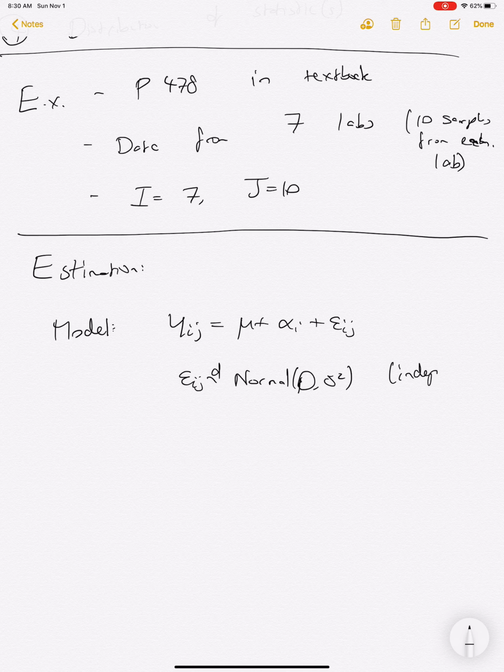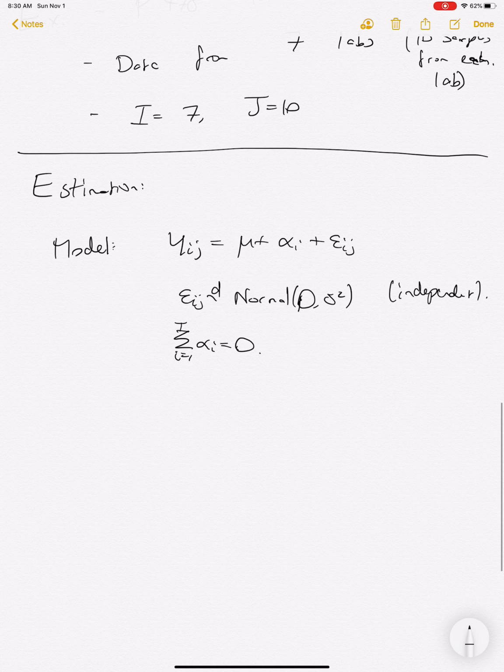We're assuming throughout that the noise is independent across both the samples within each group and across the groups. And we also have the assumption that the sum of the alphas is 0, because the overall deviation away from the mean, if you add it all up, should be 0, since you have this overall mean.